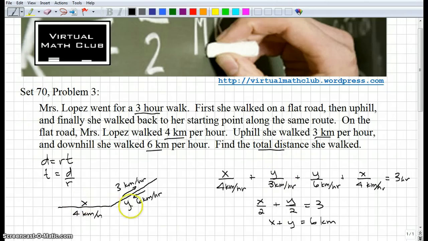That's just one flat portion plus one uphill. She's got to come downhill and then on the flat portion again. So she's going to end up walking 2x plus 2y, which will be equal to 12 kilometers. And that's what we needed to find: her total distance is 12 kilometers.